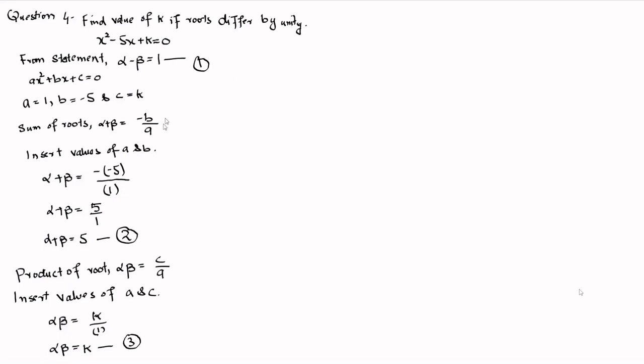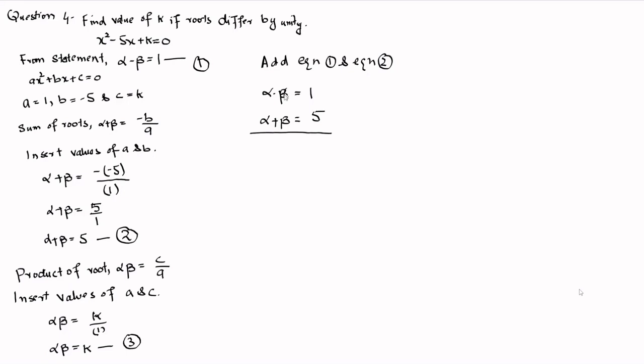Now we will add equation 1 and equation number 2. So we have alpha minus beta is equal to 1 and alpha plus beta is equal to 5.